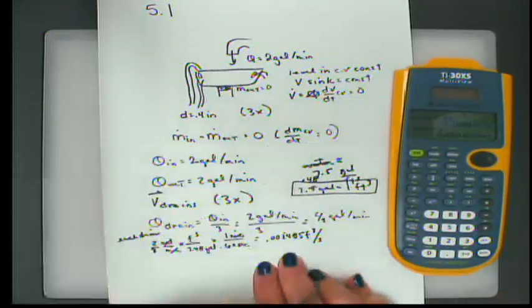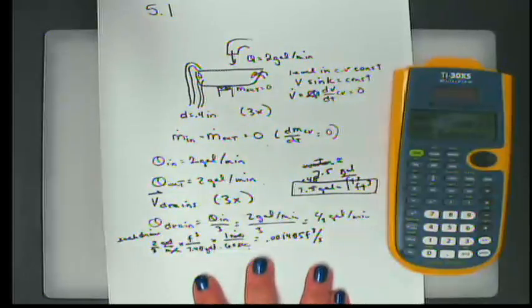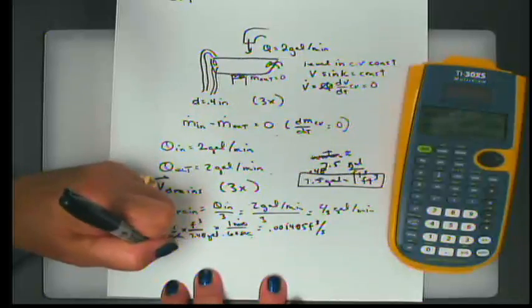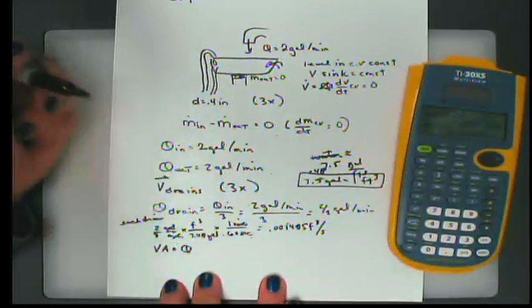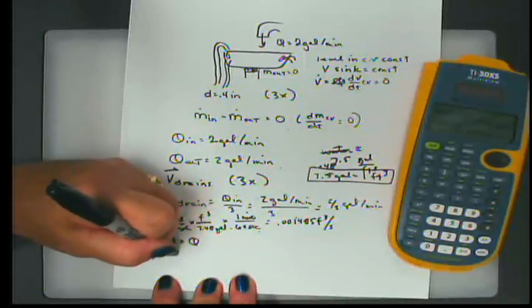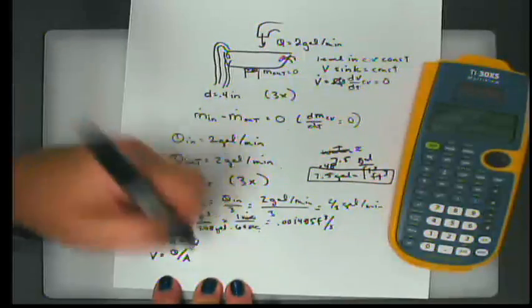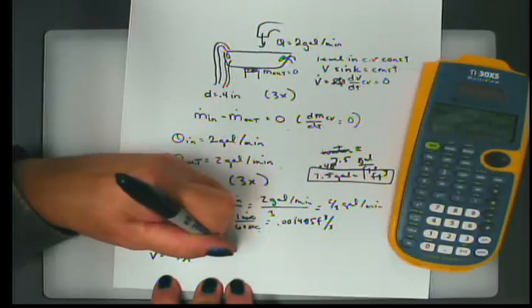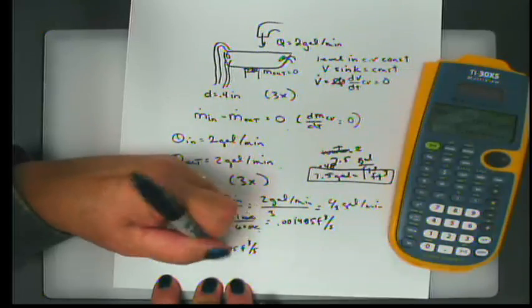Cubic feet per second. And the question is, what is the average velocity? Well, we know that velocity times area is equal to volumetric flow rate. So that must mean that the velocity is equal to the volumetric flow rate divided by the area. We just found the volumetric flow rate in cubic feet per second.